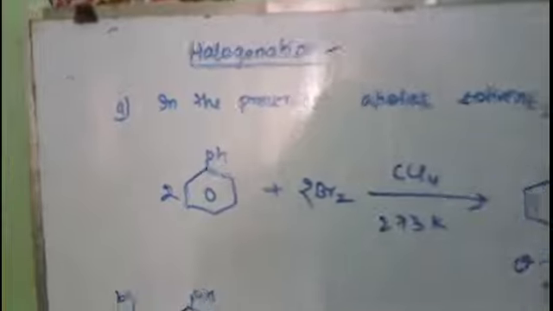Next one is alkylation. Now students, in the case of phenol, the oxygen of the OH group contains a lone pair of electrons, and you know that alkylation is done in the presence of Lewis acids such as anhydrous AlCl3 or ferric chloride. They are Lewis acids and they are deficient of electrons.